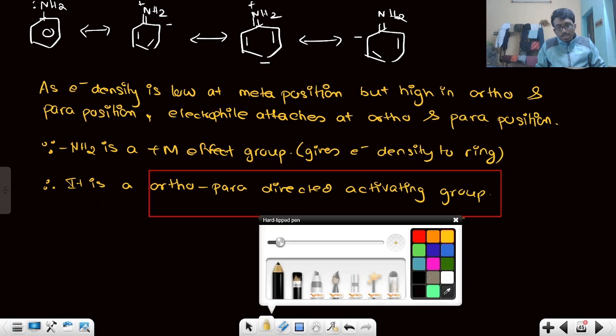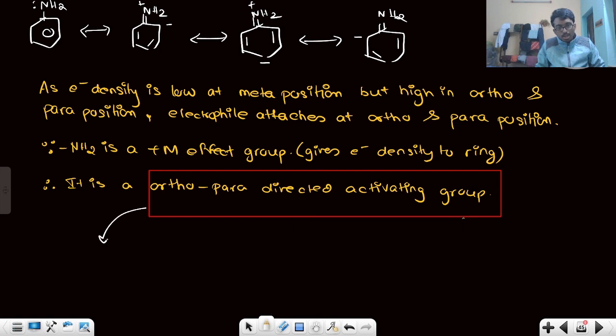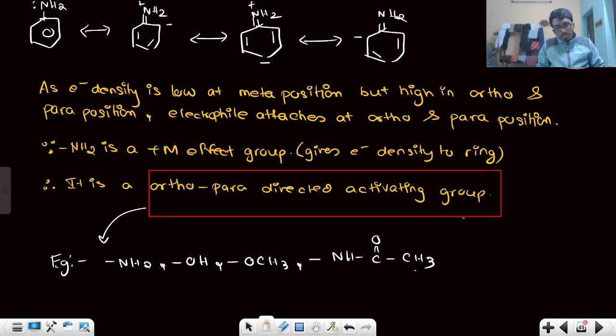Now we need to know some examples of ortho para directed activating group. If aniline comes, phenol will also come. So NH2, OH, OCH3, these all have lone pairs. Then NHCOCH3, and CONH2 actually.